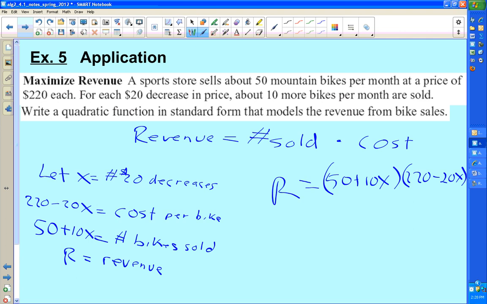Whether that's FOIL or monkey method, whatever it is you do, you better have a way that you can multiply these. What's 50 times 220? 11,000.